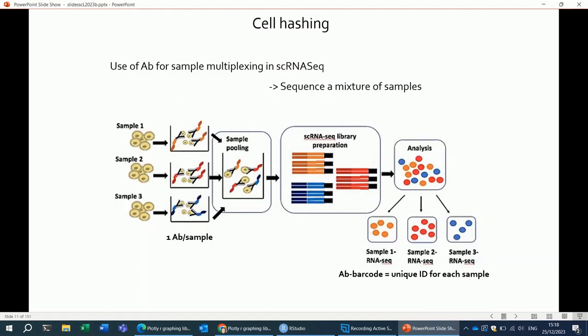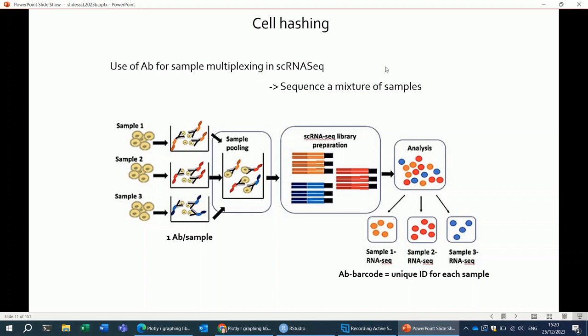And in this way, you will get for every cell the abundance of every sample barcode in that cell. So you can check which sample the cell belonged to. And this process is called cell hashing.